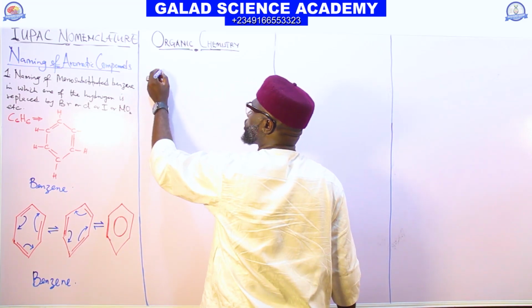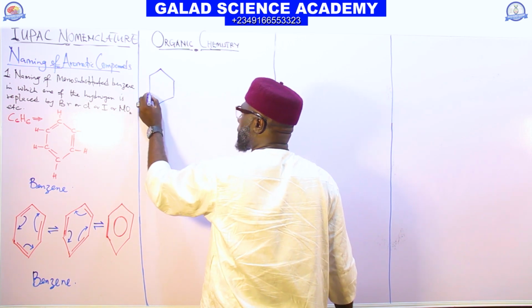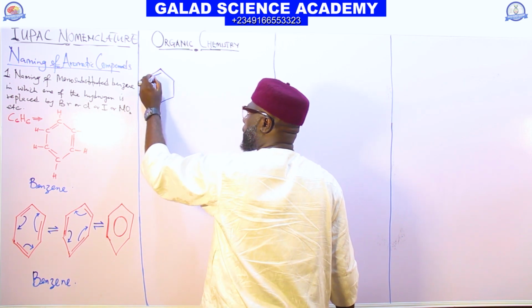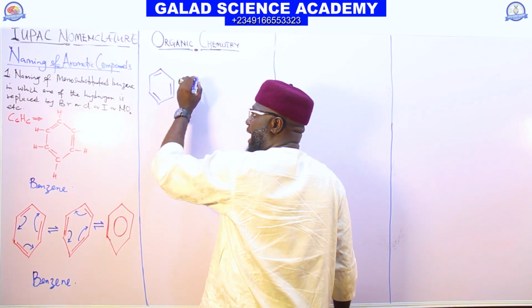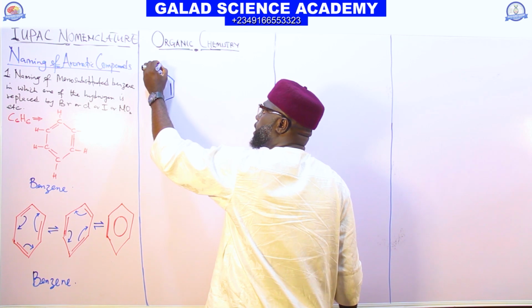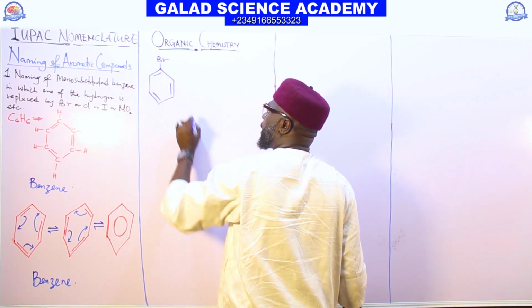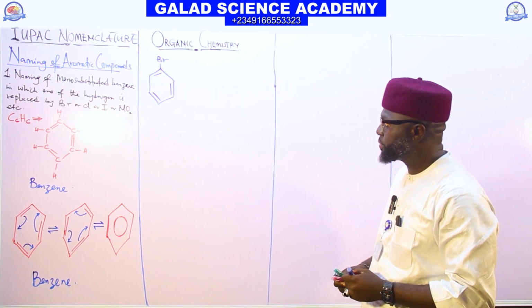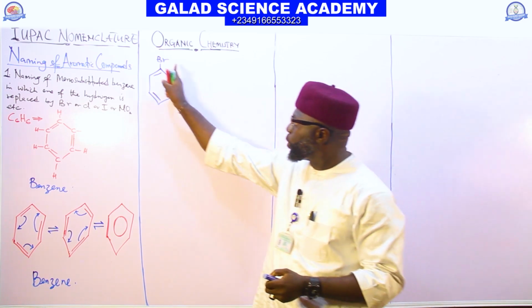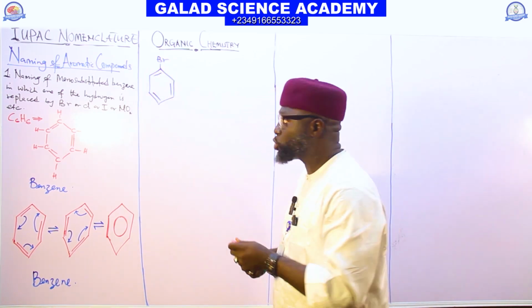So let's go now. If I draw a structure of benzene in this form, now this is benzene. And here, I put bromine here. What will be the name? This is the benzene, and here we have bromine attached to it.